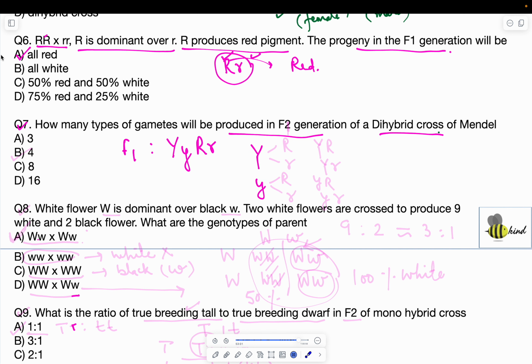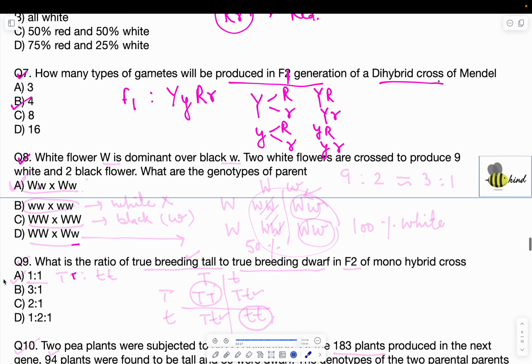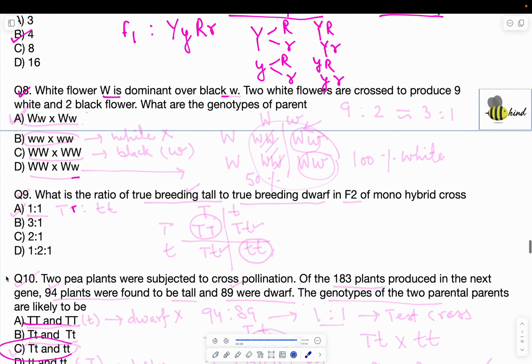I guess it will produce 4 different kinds of gametes. And it's not the F2 generation, this is the F1 generation. The question should say F1 generation, right? So the answer is 4. Now the next question is, white flower W is dominant over black small w.